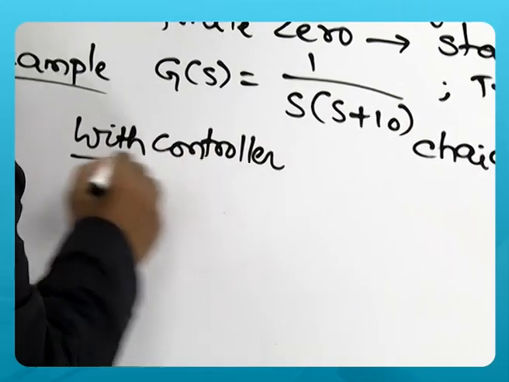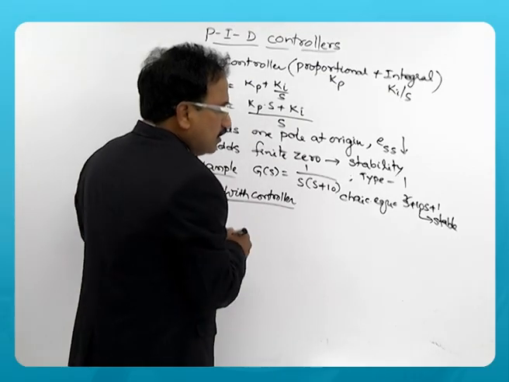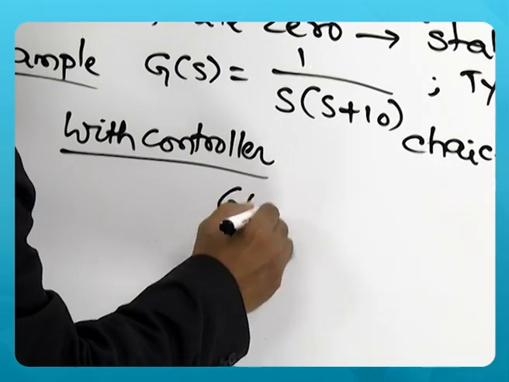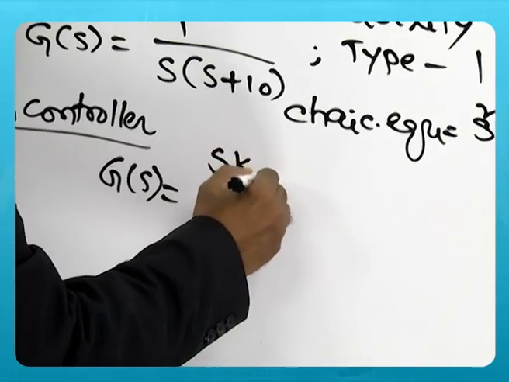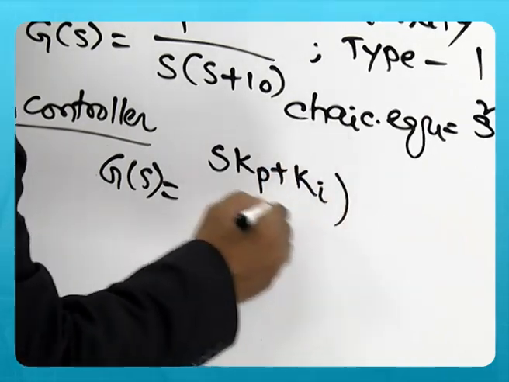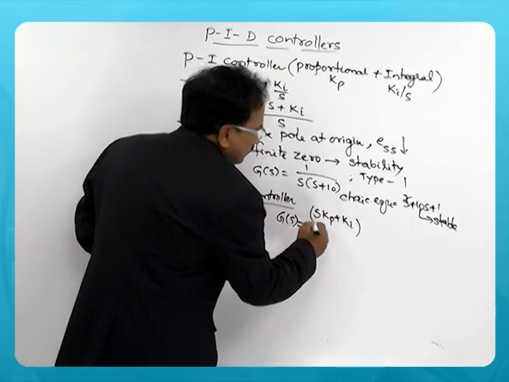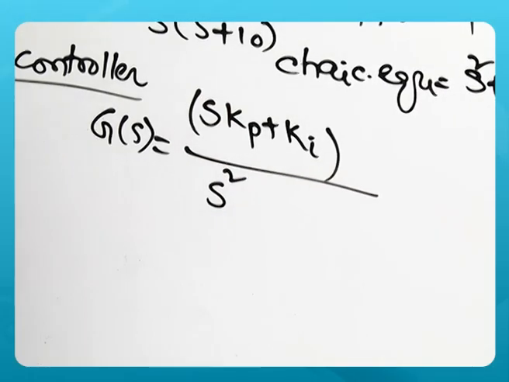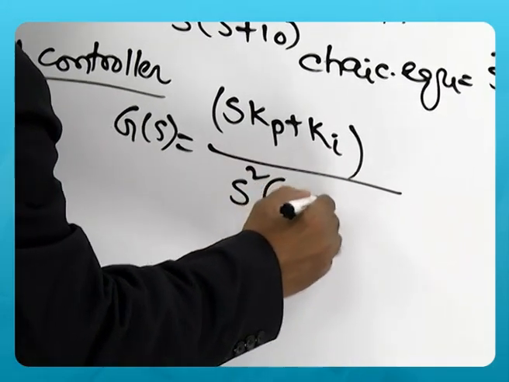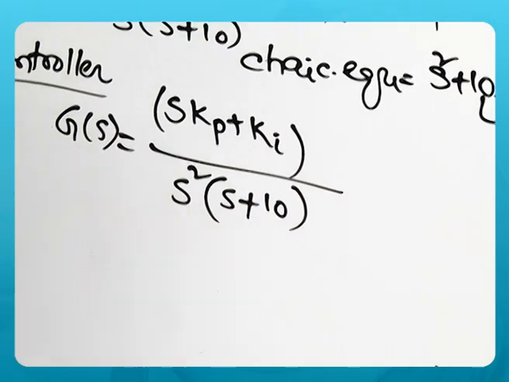Now with controller, when controller is added to the original system, the function becomes s kp plus ki in the numerator, and in the denominator there is a term now s square into s plus 10.